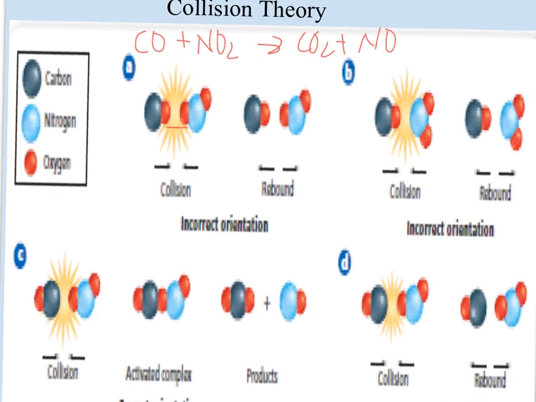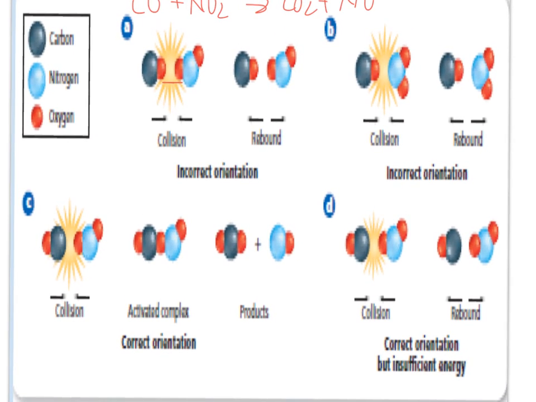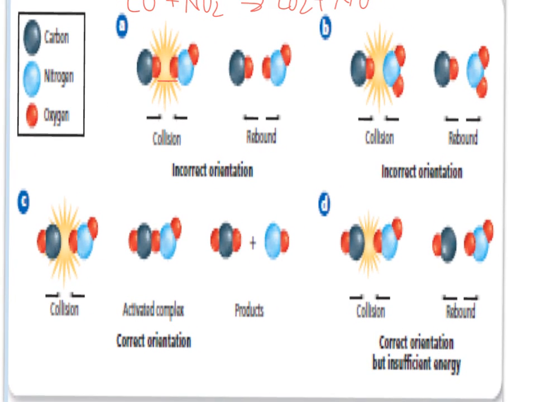Let me scroll up here. But down here in sample C, finally the collision occurs where it needs to be, between the carbon and one of the oxygens on the nitrogen dioxide. And in fact, it not only collided in the right place, but it had enough energy to stick and then form the new product.